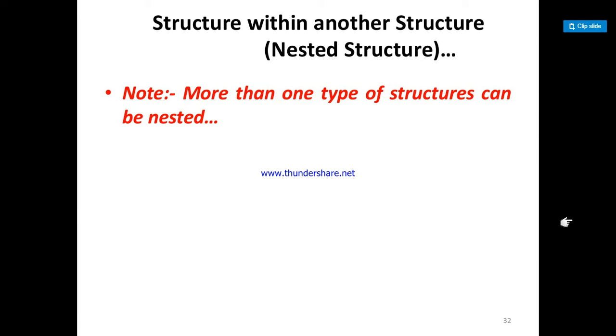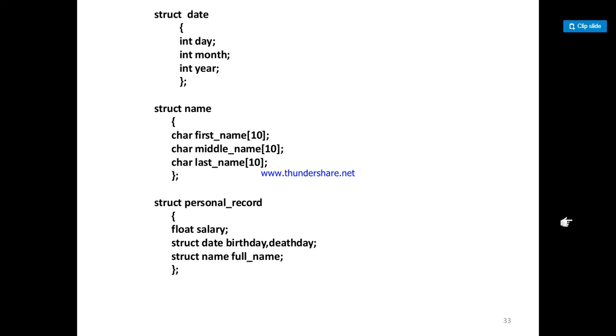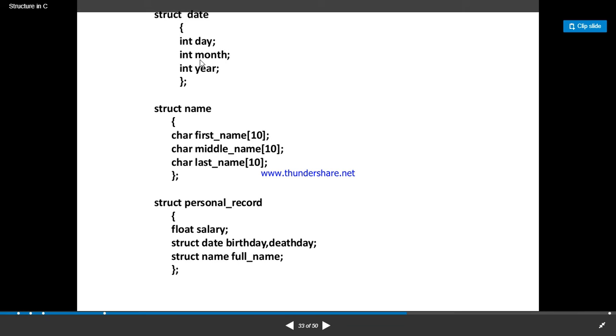Structure within another structure: more than one type of structure can be nested. It is also possible. Here we nested two structures in a single structure, that is the date of birth and then name. The name contains the parts first name, middle name, and then last name.